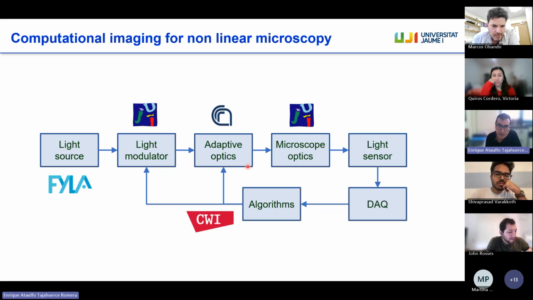Also, we are collaborating with CNR in the adaptive optics system that will be attached to the microscope, and with CWI in the algorithms and the AI approaches that we will use to configure the whole microscope for performing nonlinear microscopy. So this is all.